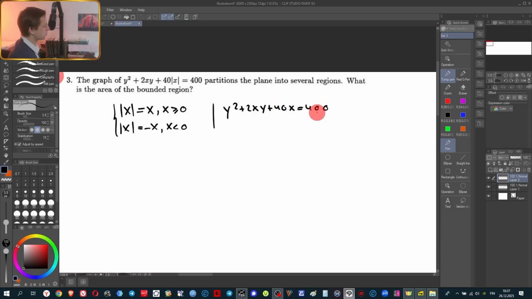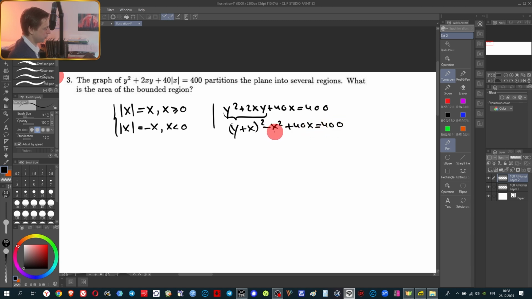At the moment, it's not obvious at all how to draw such a graph, but you see here that it looks like almost a complete square, y plus x. Let's try to get it. (y plus x) squared minus x squared. Really, if you take this minus x squared, you will get exactly this expression, plus 40x equals 400.